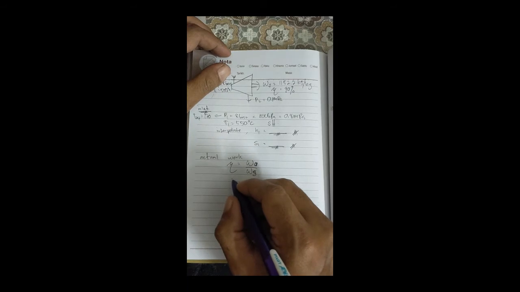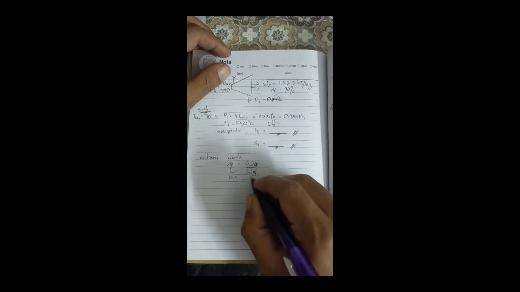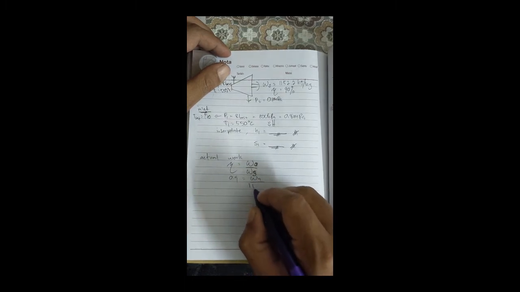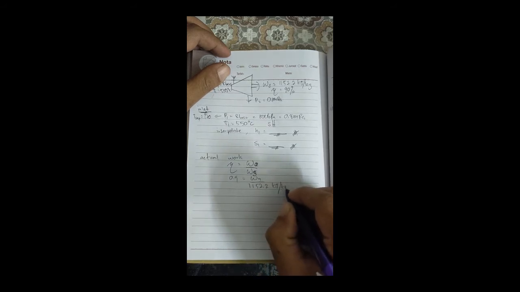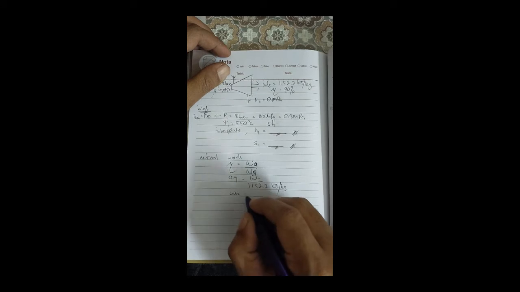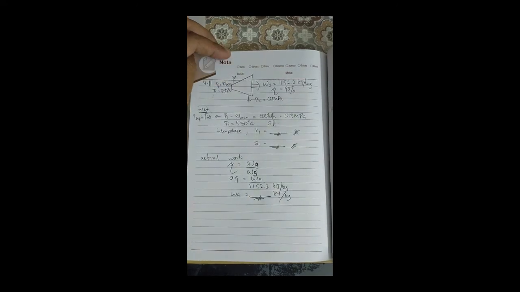So 0.9, 90%, work actual per isentropic 1152.2 kilojoule per kg. So work actual, kilojoule per kg.